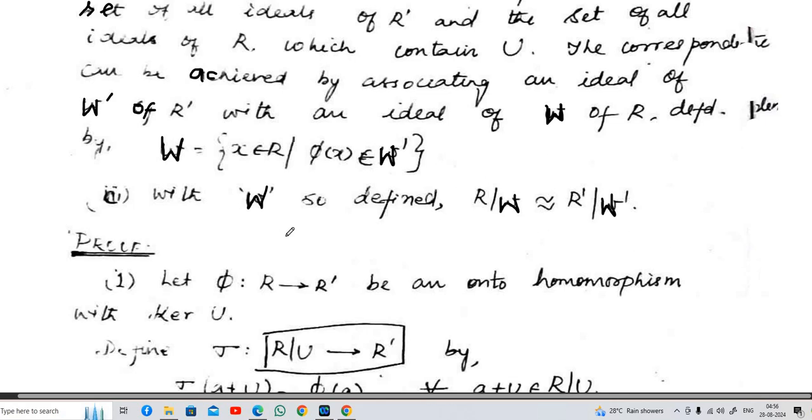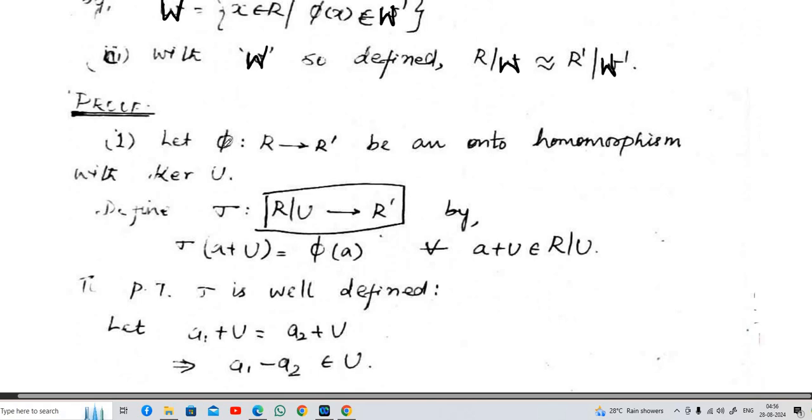So first we prove the fundamental theorem on homomorphism, on ring homomorphism, our first isomorphism theorem. Let phi from R to R prime be the given onto homomorphism with kernel U. So we know how the kernel is defined.